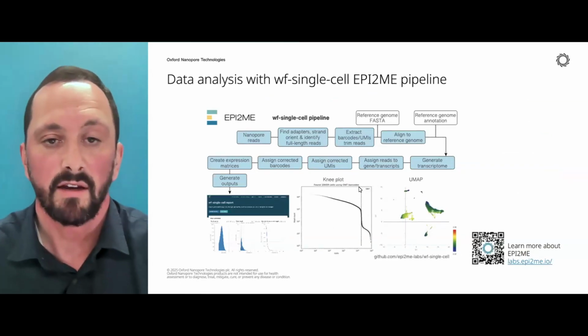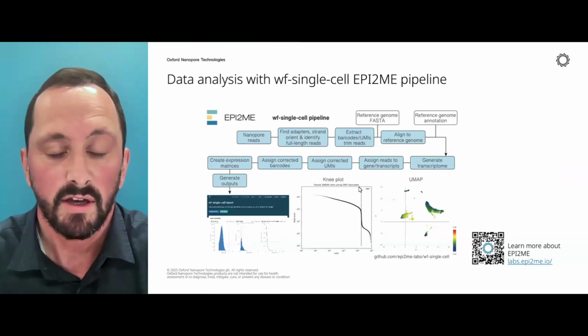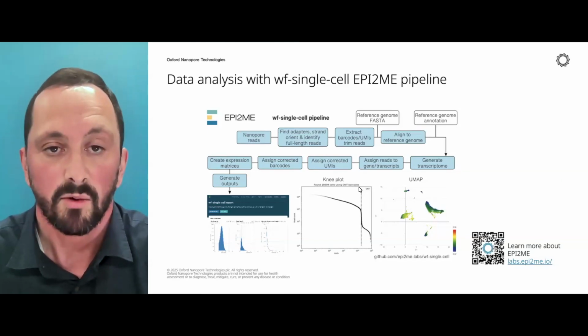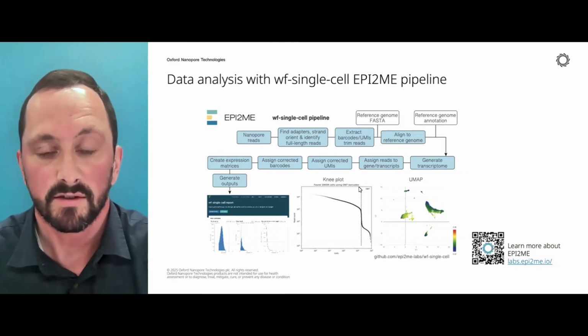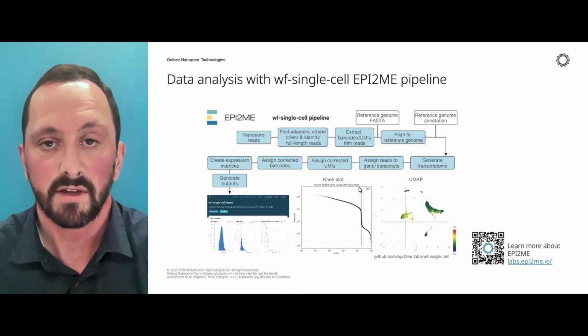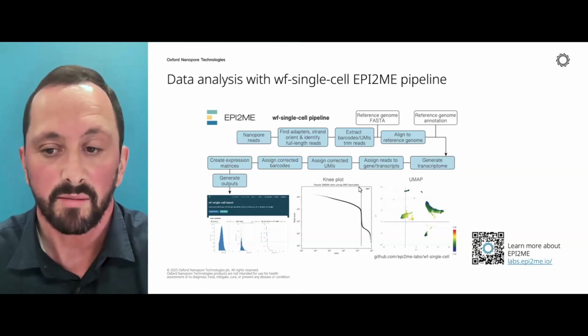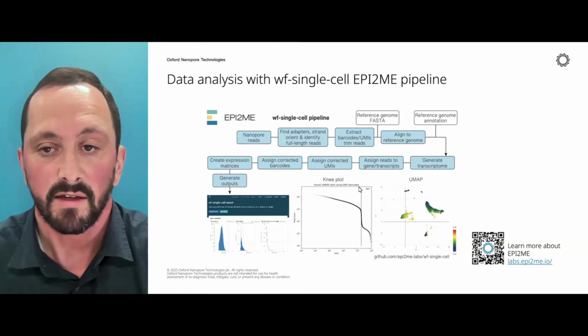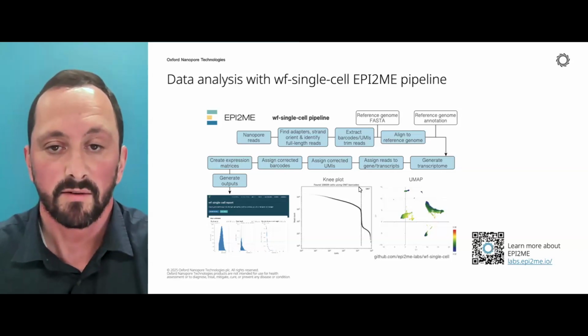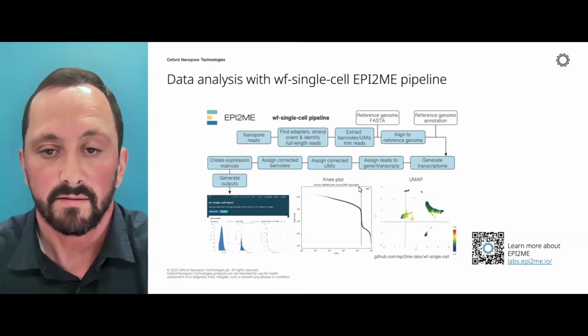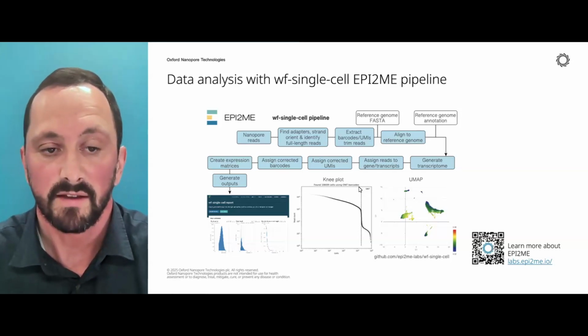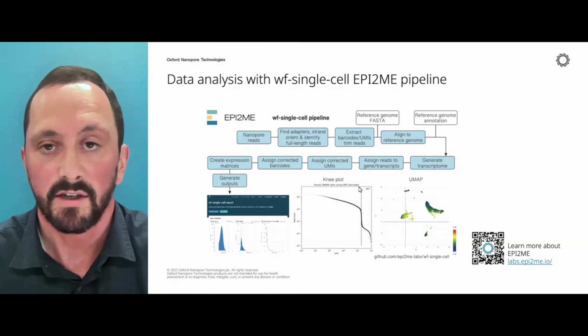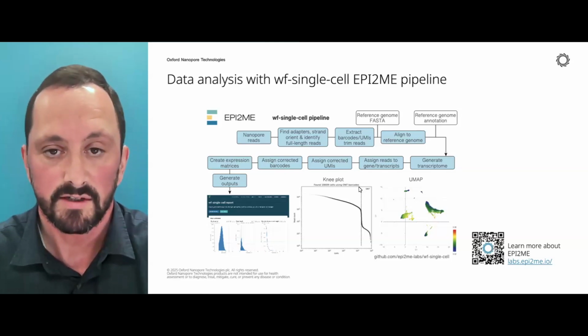Then in terms of data analysis, we do have a fully automated end-to-end workflow for your single cell data. This is called Workflow Single Cell. It's in our EPI2ME pipeline. And it takes the raw base called single cell reads and provides at the end your gene expression and isoform expression matrices.